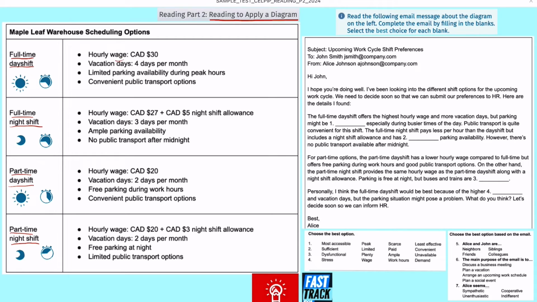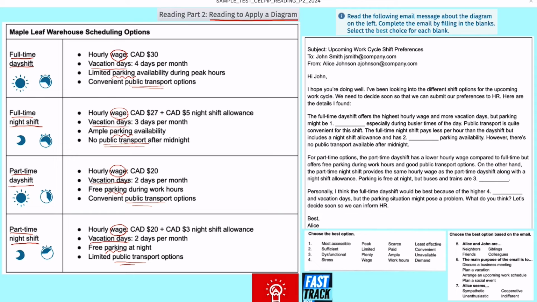Well, we can see the wage, how much money one would make by working during these shifts, how many vacation days there are, whether there is parking availability, and what are the public transport options that are made available. As you can see, I now have a clear understanding of what the 4 categories are and what criteria are being compared. This will help me better understand the questions and to find my answers more accurately.